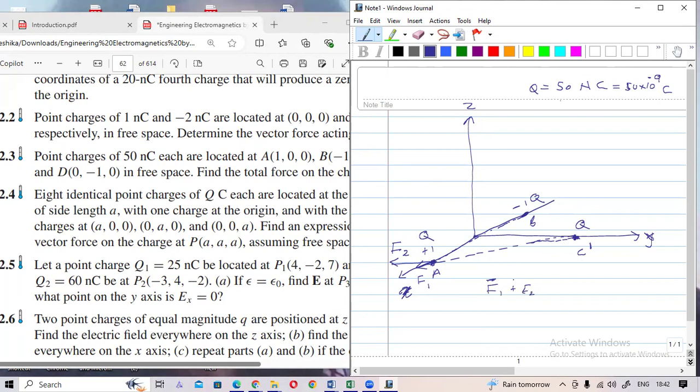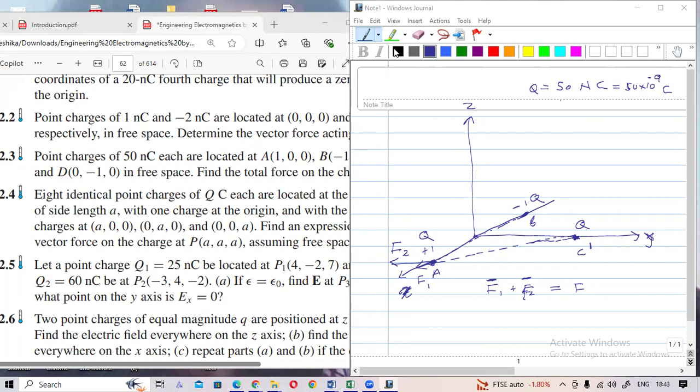I put this bar to emphasize F1 is a vector, because force has a direction as well as a magnitude. If you get the vector addition of F1 and F2, you can find the total F.